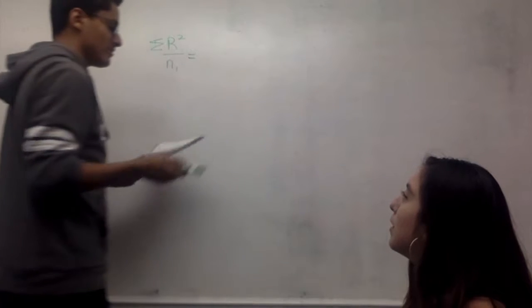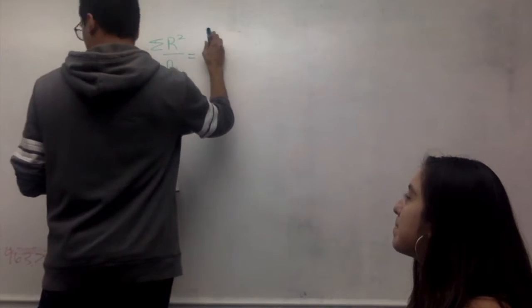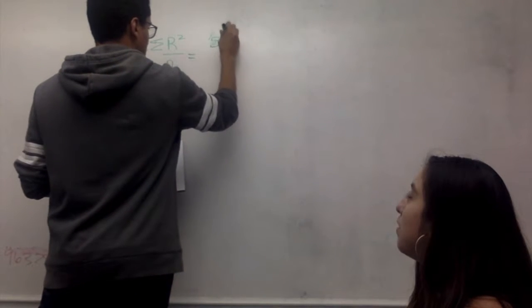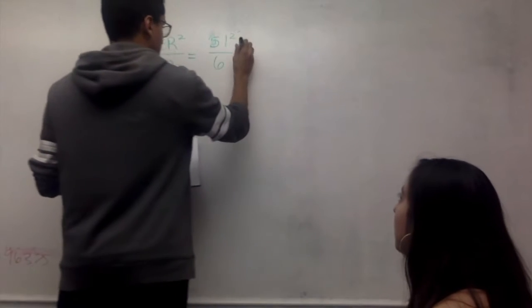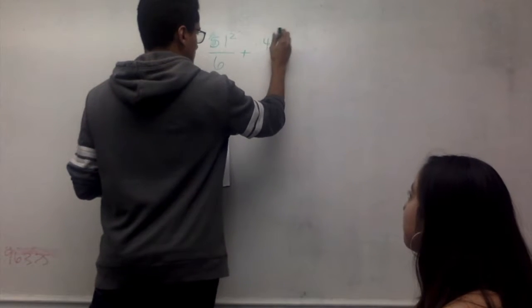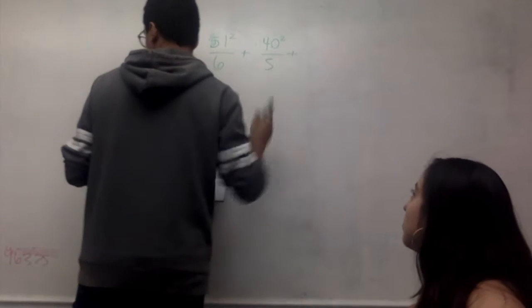So if we remember the blue group, the sum for the blue group was 51, and there were 6 people in that group. And then for the orange group, the sum of the ranks was 40, and there were 5 people in that group.